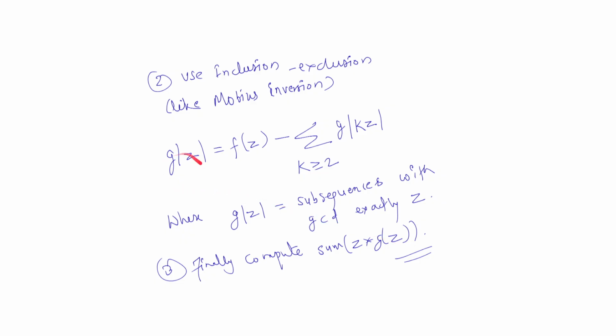So we have to use inclusion and exclusion, because this is the Mobius inversion and we use this technique. Let me know in the comment section whether you understood this Mobius inversion or not. If not, please do a Google search and you will understand the Mobius inversion.